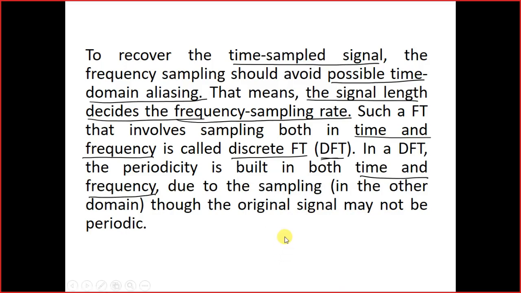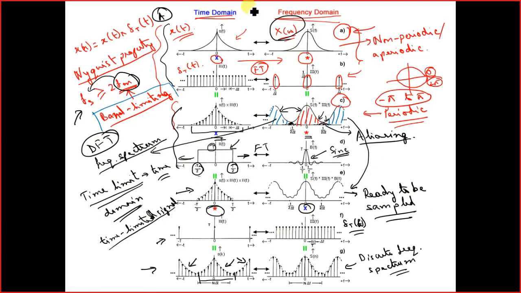Even if you see over here, we have started with an aperiodic signal, but we have ended with a signal component which is periodic in nature. So even if a signal is aperiodic, we will always get a time domain signal component which is periodic in nature.